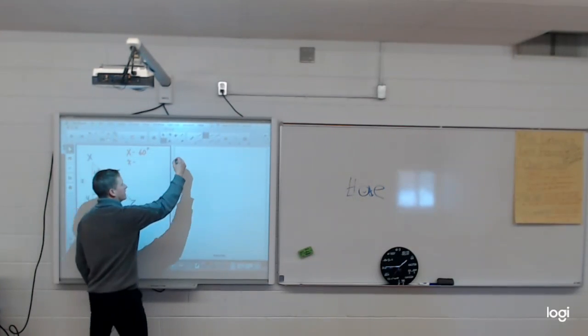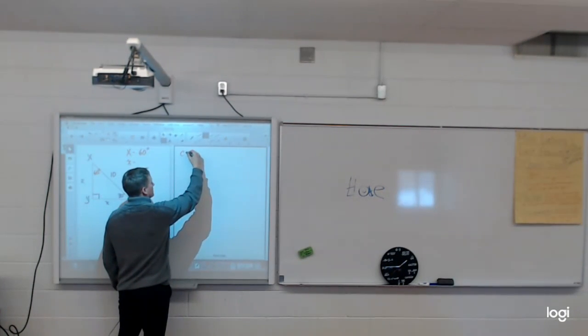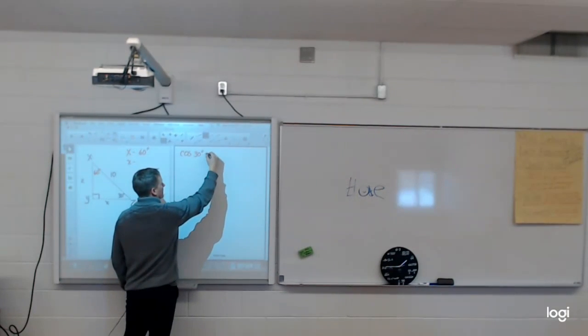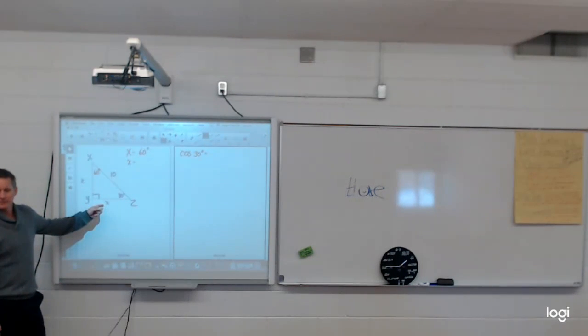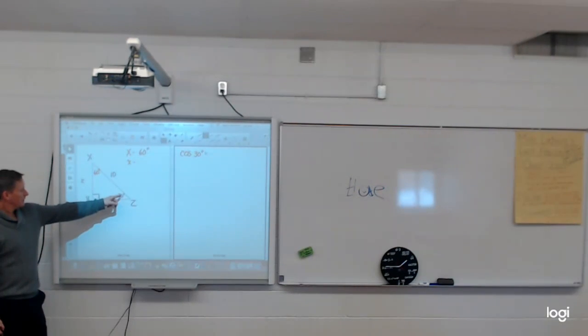So here's what I do. I go cos 30 degrees equals. I'm looking for that side. It's adjacent to that angle. I'm given that side. It's the hypotenuse.